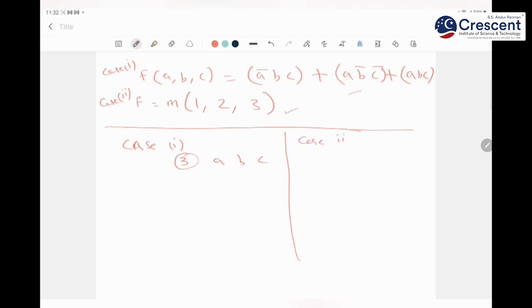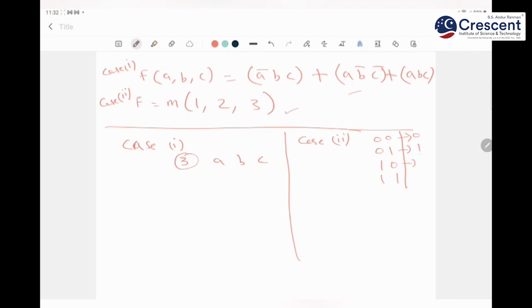In case 2, if you convert this in terms of binary, you will get 0 1, then 2 can be represented as 1 0 and 3 can be represented as 1 1.